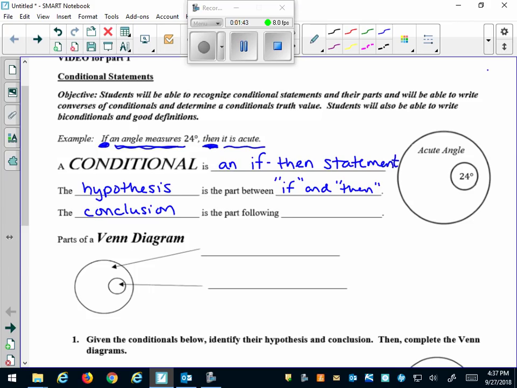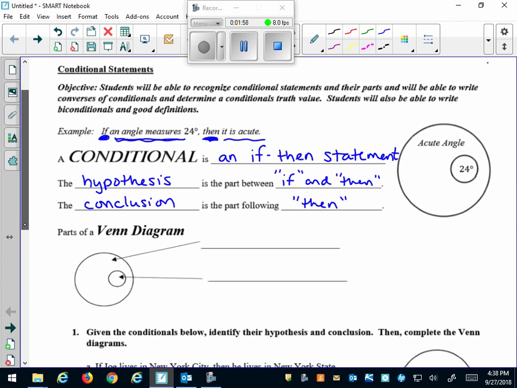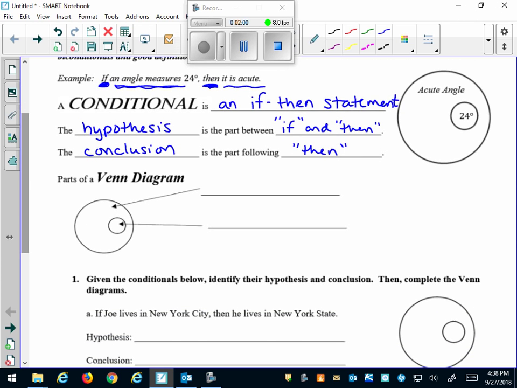And the conclusion is the part following the word then. So it's important to notice that the hypothesis does not include the word if, and the conclusion does not include the word then. We're going to practice that in a little bit.